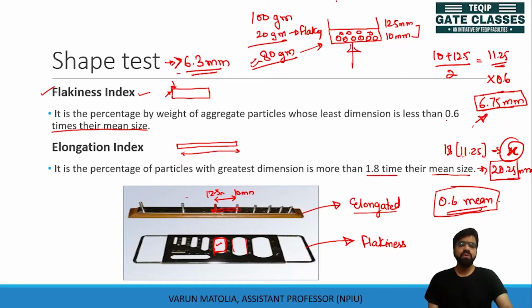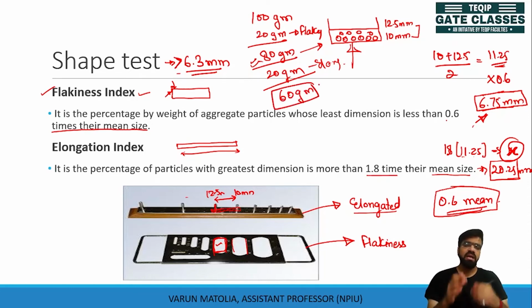And if we say 20% of particles are elongated, or 20 grams of aggregates are elongated out of these 80 grams, the final aggregate which is good out of our sample is 60 grams. So we say that 40% of the aggregate is elongated or flaky.